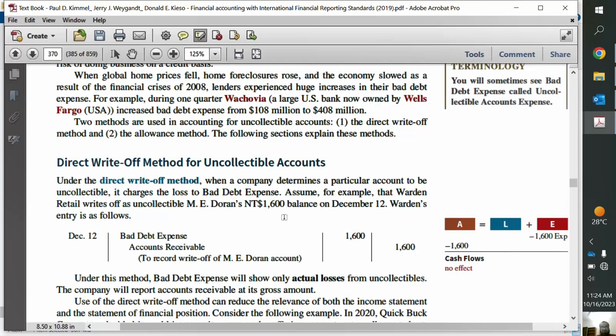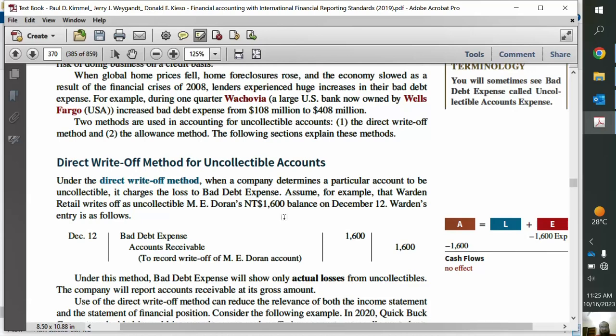For example, big companies may have millions or billions of rupees or dollars in their accounts receivable. Are all of them going to be collected? Past practice says that some portion might not be collected, because some customers will not pay because they get bankrupt, or they are poor in their financial performance, or they disappear from the market.